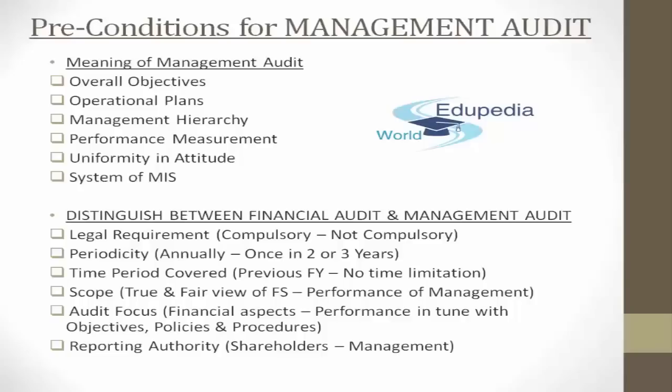So these are the broad and major distinguishing parameters between financial audit and management audit: its legal requirement, its periodicity, its time period coverage, its scope, audit focus, and finally the reporting authority. I guess you guys got the complete clarity with respect to preconditions of management audit and the difference between financial audit and management audit.